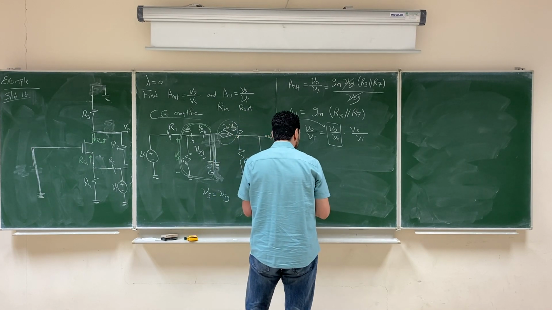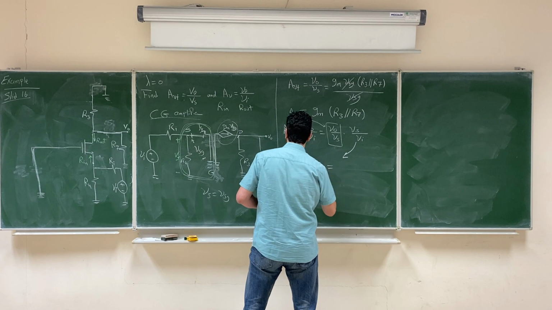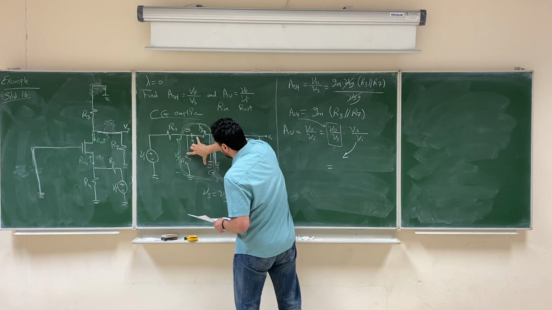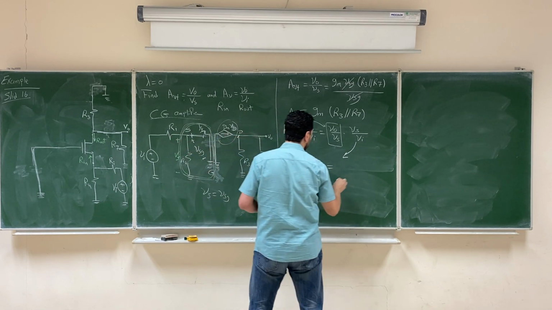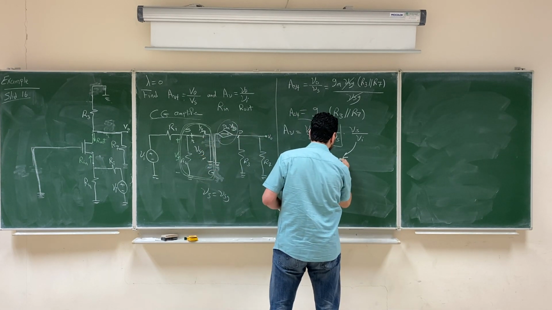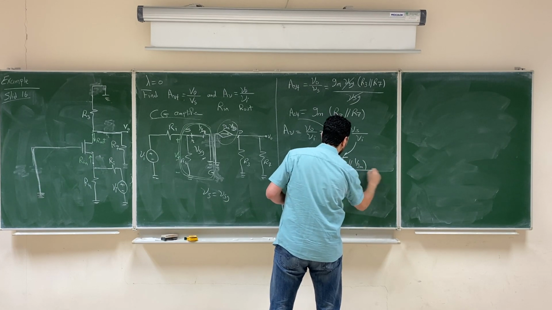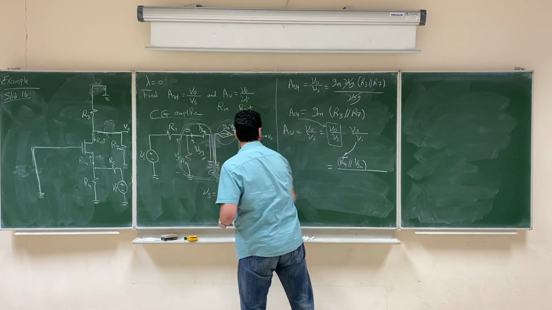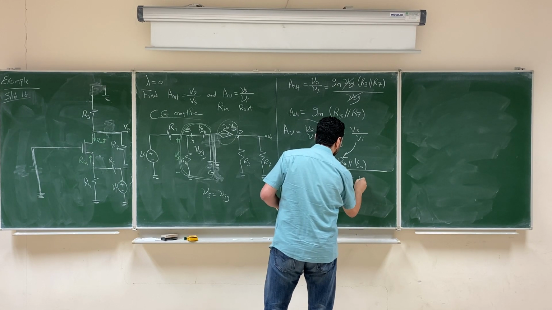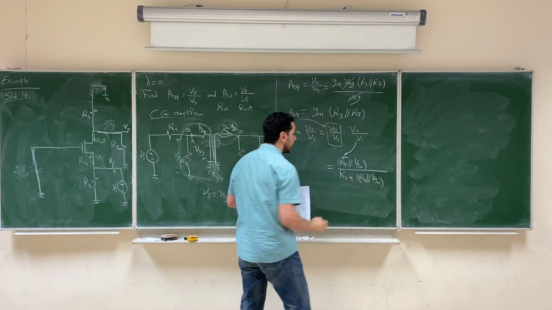So this will be a voltage divider between whatever here and R1. Whatever here is what? This parallel with this, R4 parallel with 1 over gm, divided over the sum, which is R1 plus R4 parallel with 1 over gm.